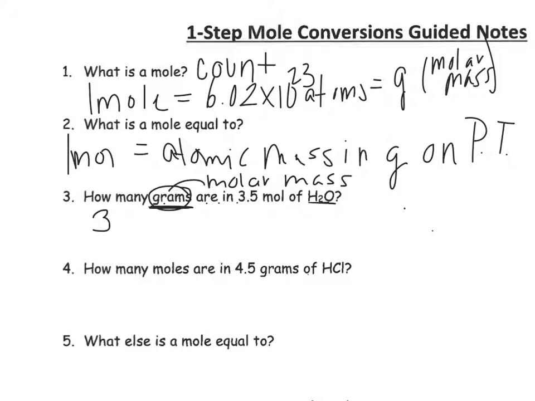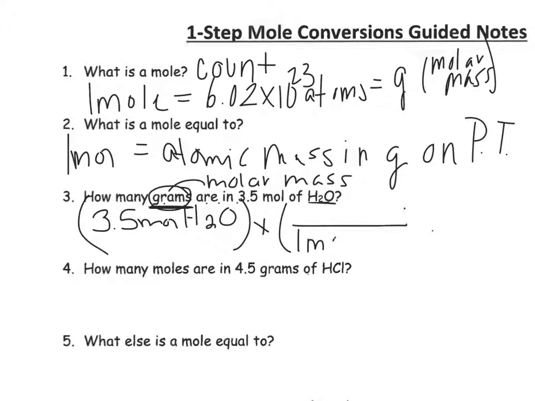Okay, so I'm on Mole Island at 3.5 moles of water, and I want to go to Graham Island. I'm going to set up my unit conversions. 1 mole of water is 18.02 grams of water.